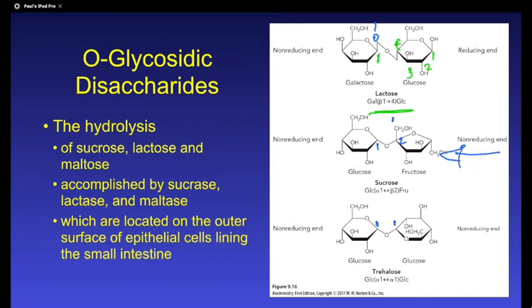Sucrose. What is that? Do you know a common name of what sucrose is? Oh, you do, but you don't. Nobody knows? No, it's not Splenda, but that's a good guess.